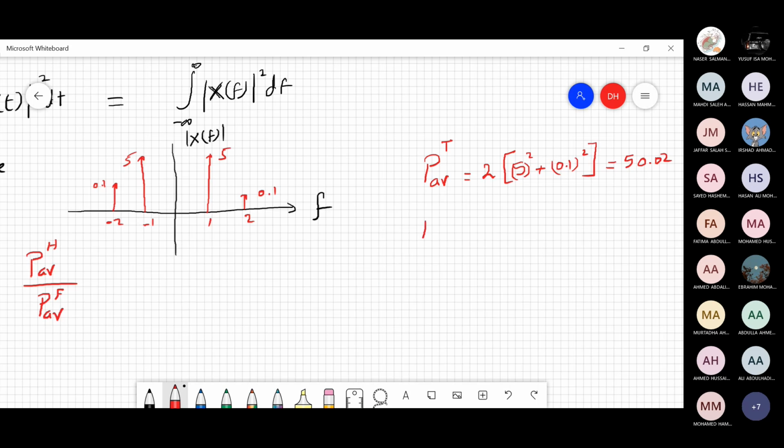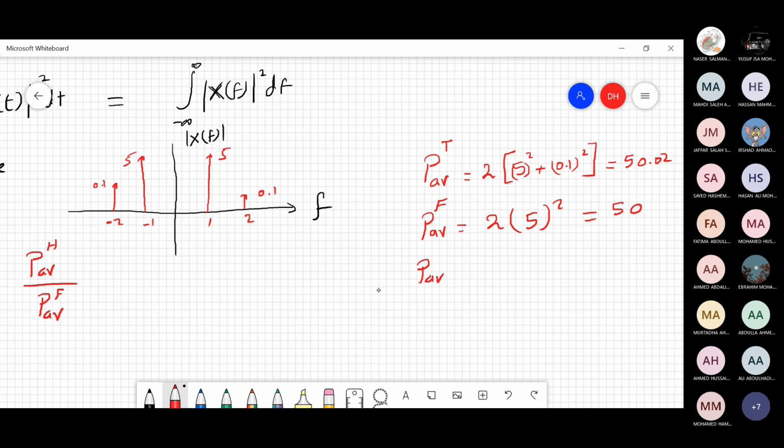Okay, what is P average fundamental? Only fundamental, as we said, that at f equal to 1. So it is 5 squared plus 5 squared, so it is 2 multiplied by 5 squared, which is equal to 50.